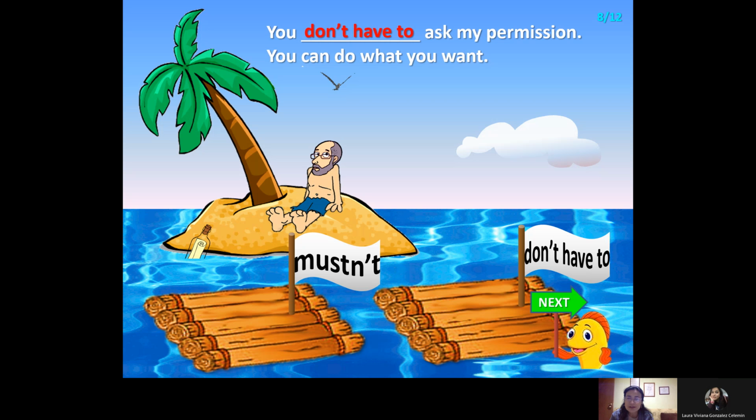Something that is mandatory, a prohibition, is mustn't. Something that is not necessary is don't have to. What do you think?